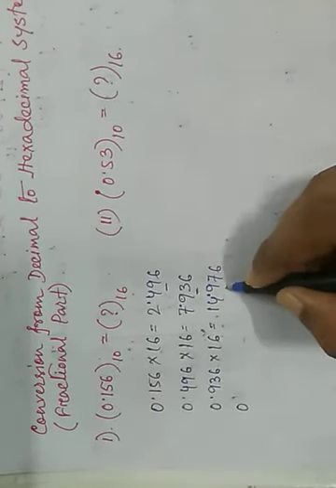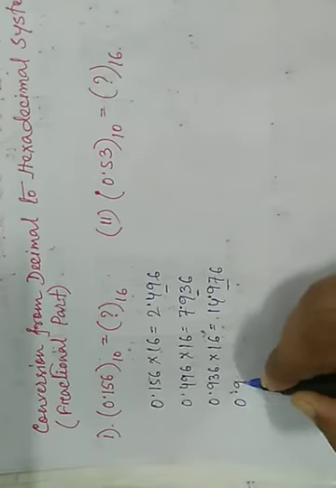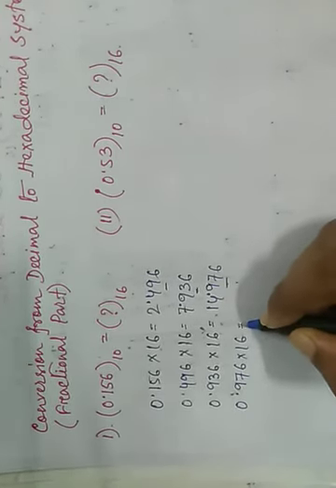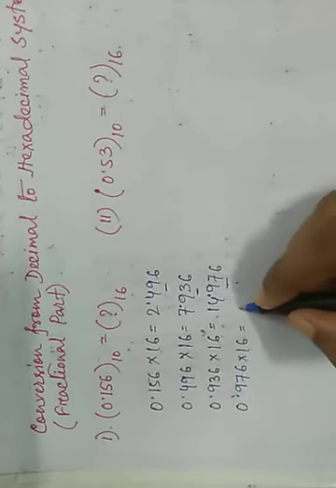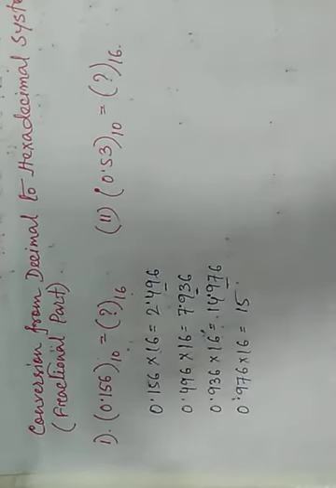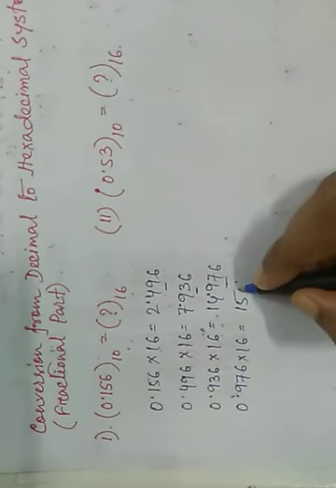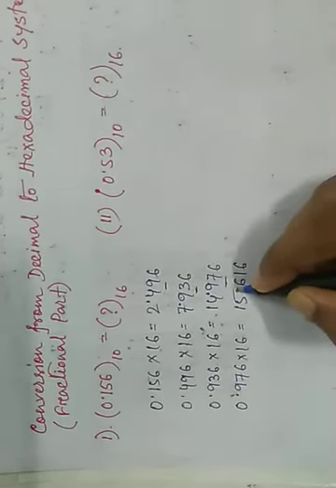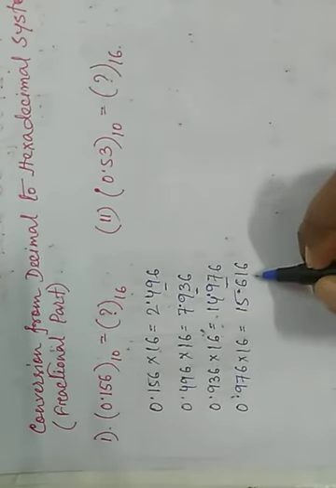Now take the fractional value, that is 0.976, into 16. So it becomes 15.616. So the decimal point must be here after 3 decimal places.